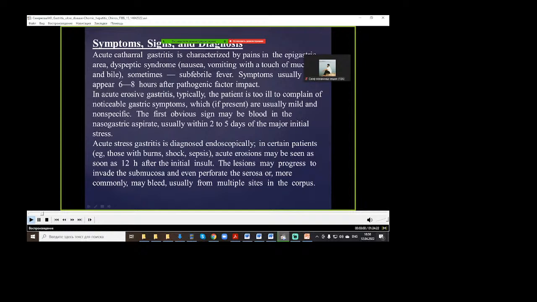In certain patients, for example, those with burns, shock, sepsis, acute erosions may be seen as soon as 12 hours after the initial insult. The lesions may progress to invade the submucosa and even perforate the serosa, or more commonly may bleed, usually from multiple sites in the corpus of stomach.